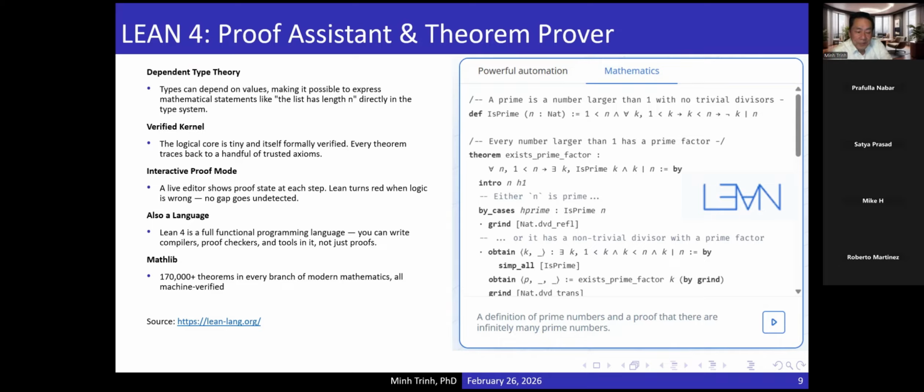So this is Lean. And the second thing that has made Lean very powerful is that MathLib is a library on Lean, right? And MathLib has a collection of over 170,000 theorems, with proofs, already in Lean. So when you want to write a theorem, you can call an already proven theorem in MathLib.